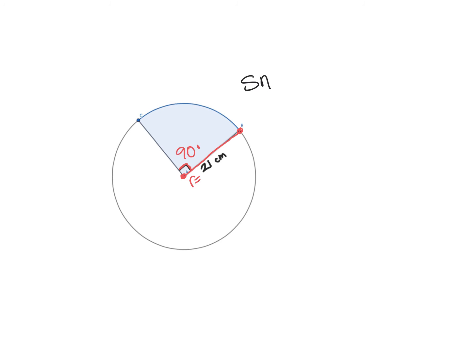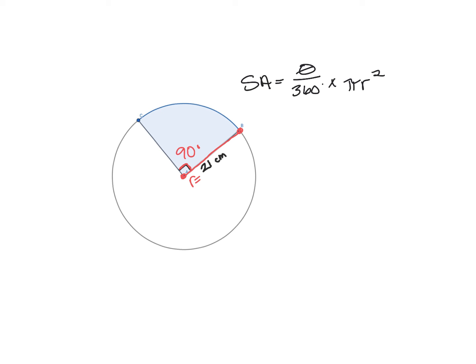I'll abbreviate as SA, sector area. It's going to be equal to theta, your angle, divided by 360 degrees times the area formula, pi times your radius squared. So that's the major difference between arc length and sector area: instead of multiplying times the circumference formula, now we're multiplying times the area formula.